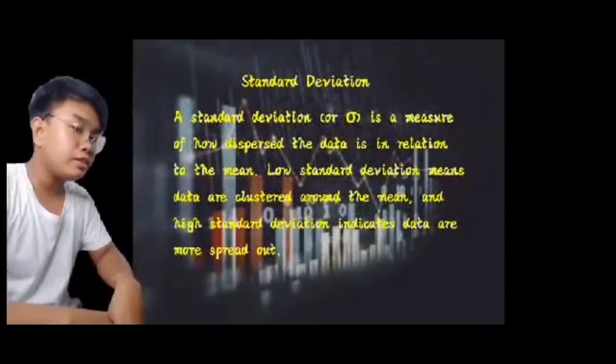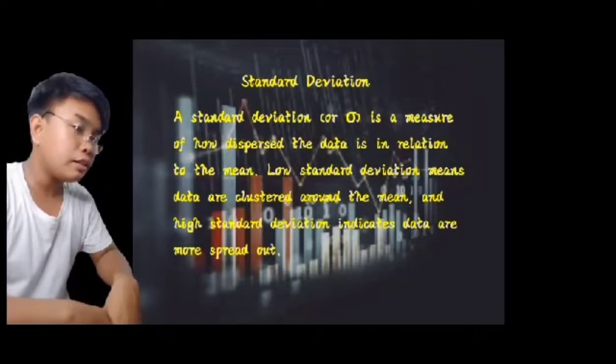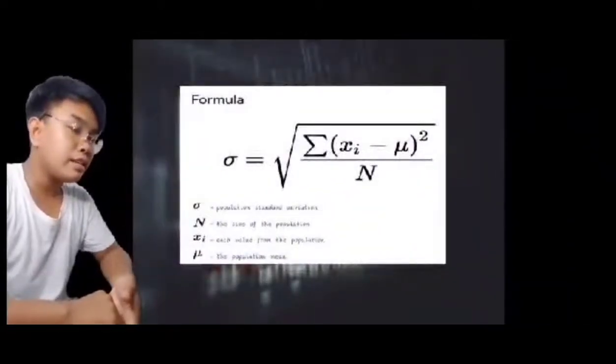Standard deviation. A standard deviation is a measure of how dispersed the data is in relation to the mean. Low standard deviation means the data are clustered around the mean, and high standard deviation indicates data are more spread out. Formula of the standard deviation. It's just like the formula of the variance. It's just the square root of the variance.